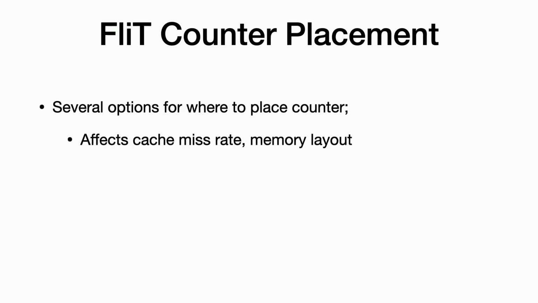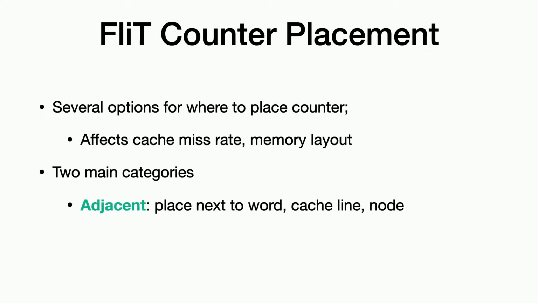Extra flushing doesn't hurt our correctness. It just hurts our efficiency, but we can play with that. So the place where we put these counters and also the number of memory locations that map to the same counter will affect our efficiency.